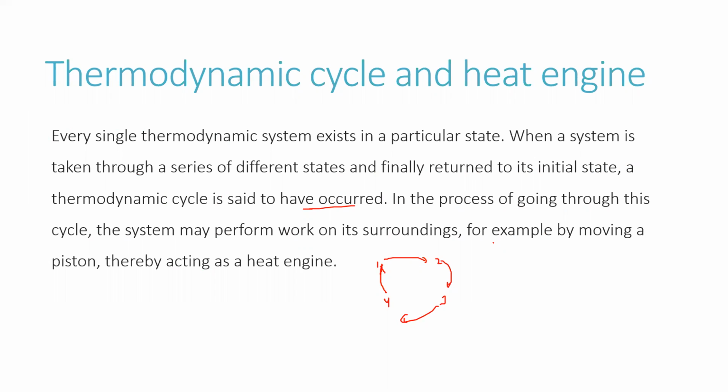So if a system is going through a thermodynamic cycle, then it can also work as a heat engine if it does some work on its surroundings. Keep this in mind.